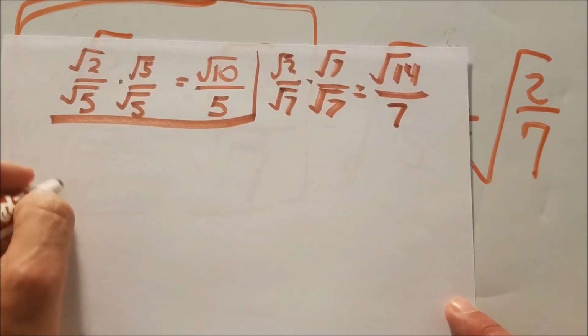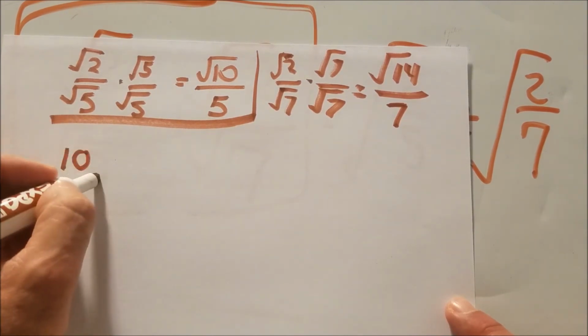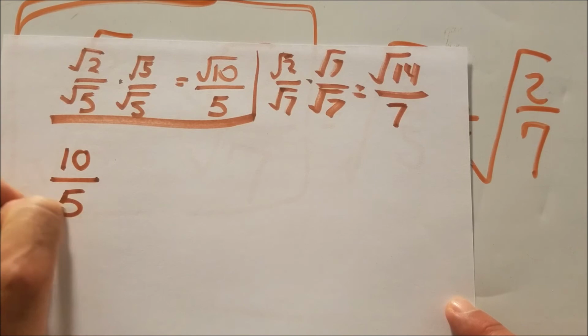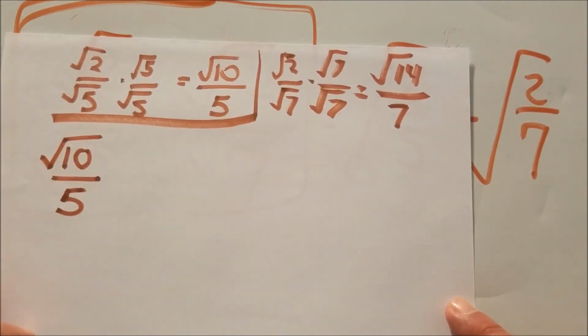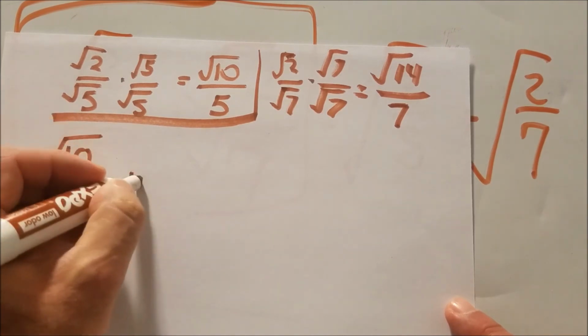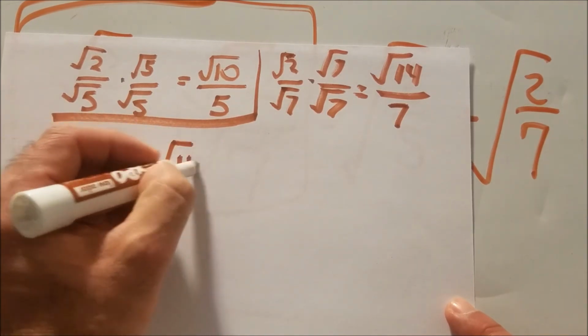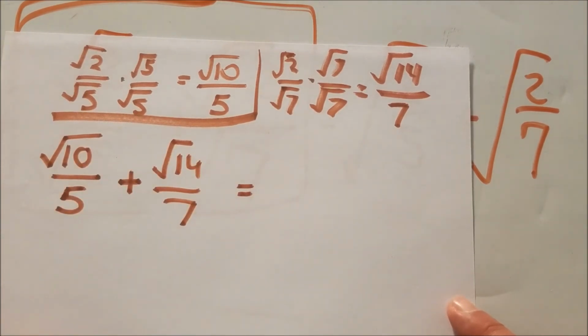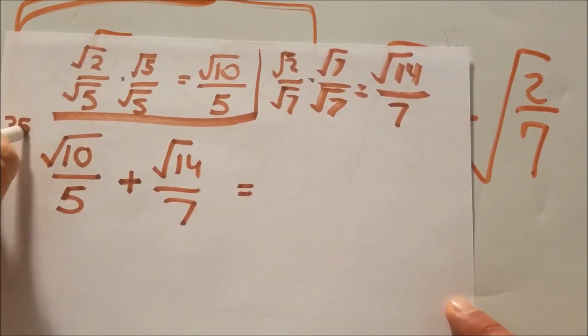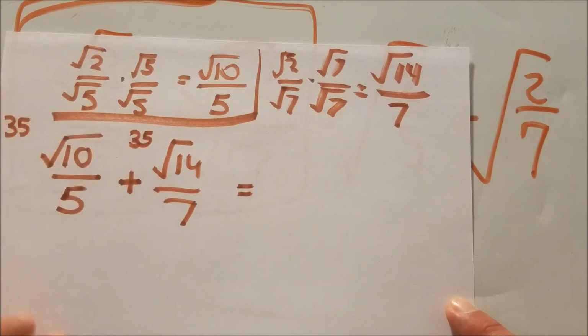All right, so now we can add. We'll have the square root of 10 over 5. Always check your work. Plus the square root of 14 over 7, and we need a common denominator again. And the common denominator is 35. Lowest common denominator, right?